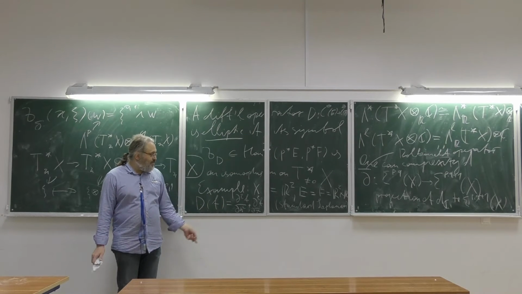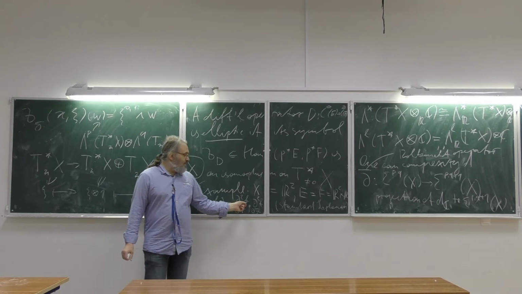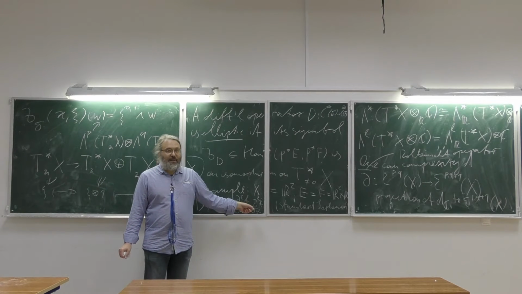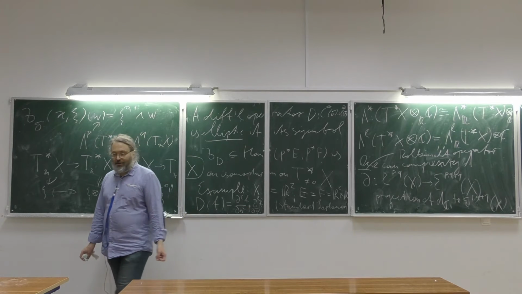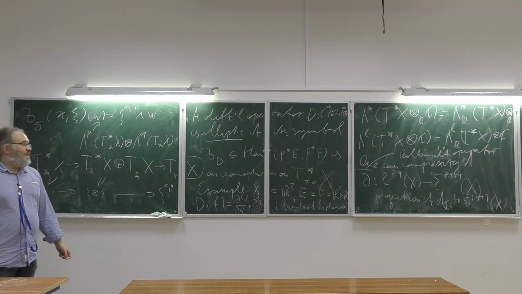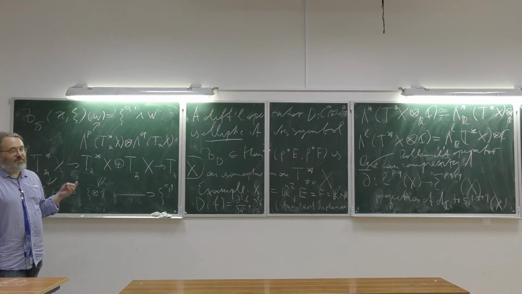Anyway, a very simple example, and one can check by hand that this operator is indeed elliptic. By the way, what will the symbol be? Well, the symbol depends on two things, on x and the cotangent vector.